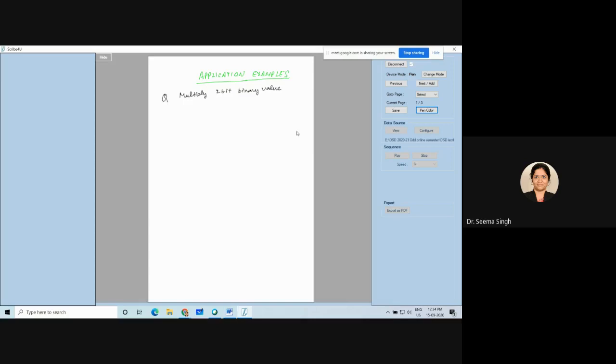Now you have to tell me what you mean by 2-bit binary value. When I say two numbers, you understand that I am talking about multiplying A and B.